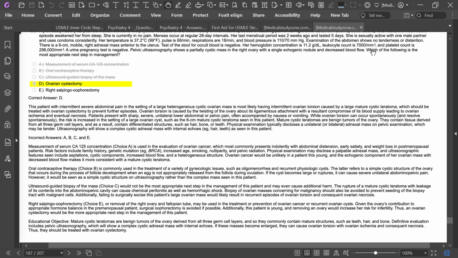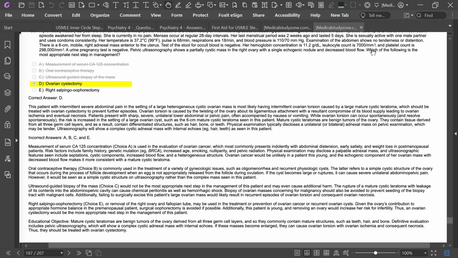While ovarian torsion can occur spontaneously and resolve spontaneously, the risk is increased in the setting of a large ovarian cyst more than 6 centimeters or a mature cystic teratoma, as seen in this patient. Mature cystic teratomas are benign tumors of the ovary. They contain tissue derived from all three germ layers. As a result, they contain differentiated structures such as hair, bone, teeth.